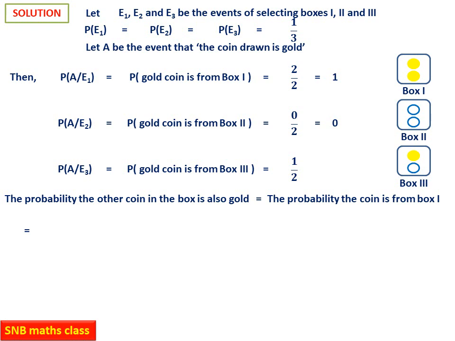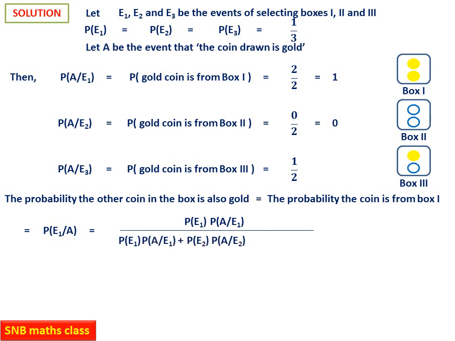So now we have to write the Bayes theorem. Probability E1 given A. So that will be equal to probability E1 into probability A given E1 divided by probability E1 into probability A given E1 plus probability E2 into probability A given E2 plus probability E3 into probability A given E3, and we have to substitute.